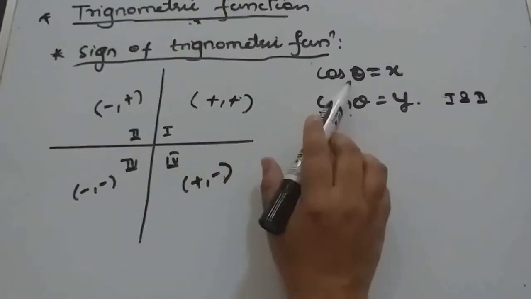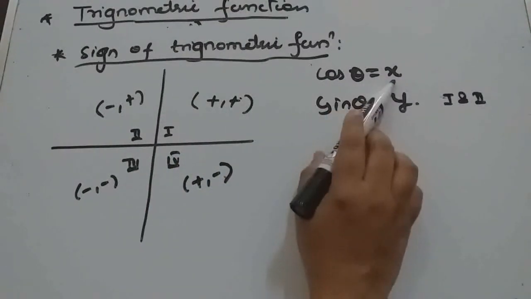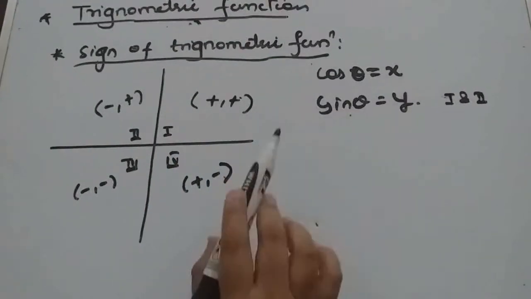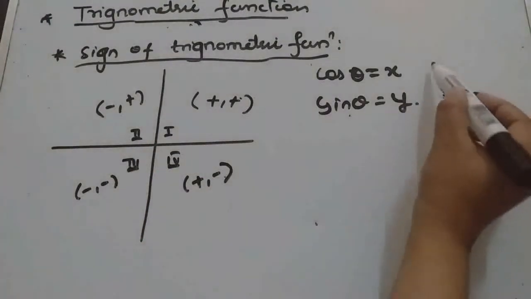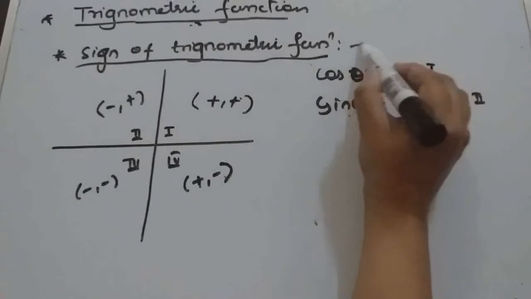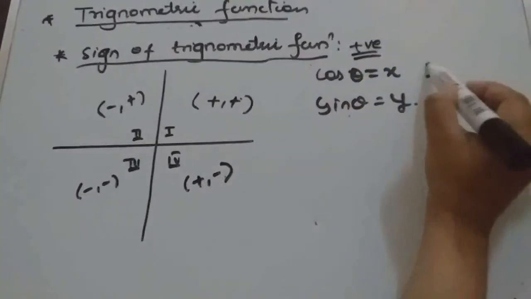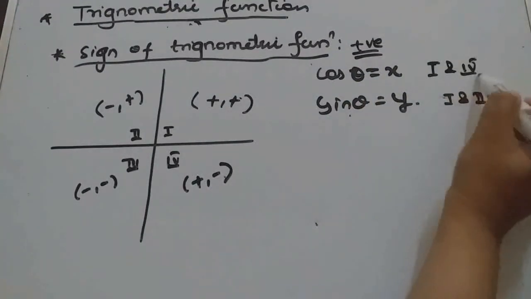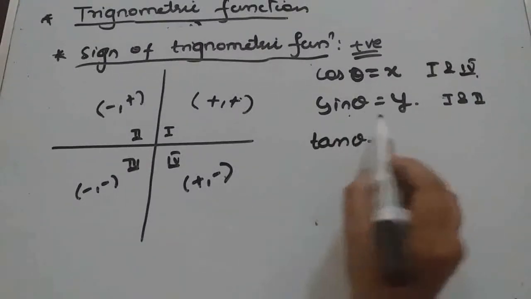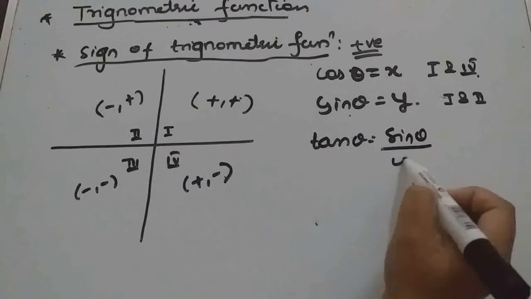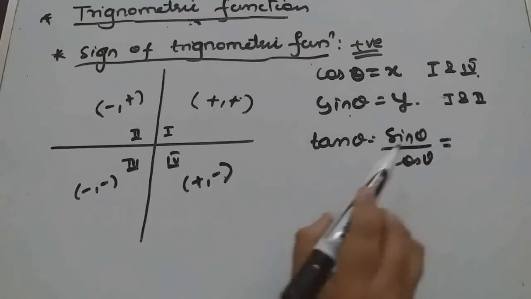Okay, then cos theta is what? X coordinate. In which quadrants is x positive? First and fourth. So cos theta will be positive in the first and fourth. Then similarly we can derive for tan, because tan is sine by cos, isn't it?